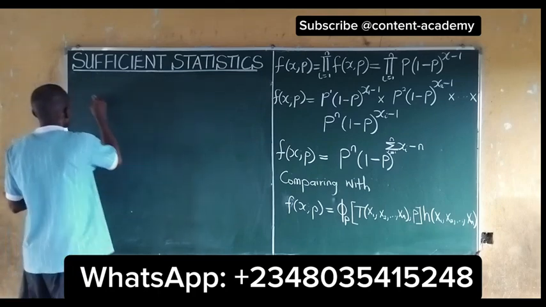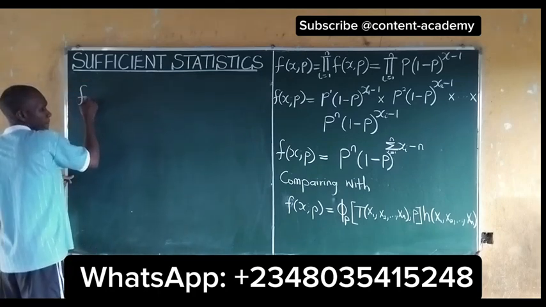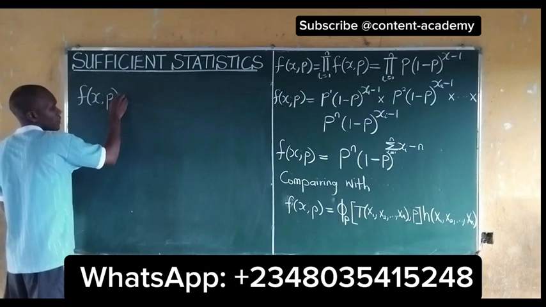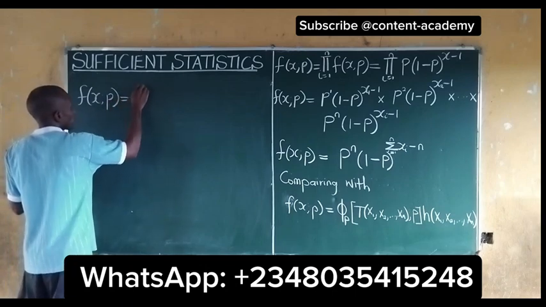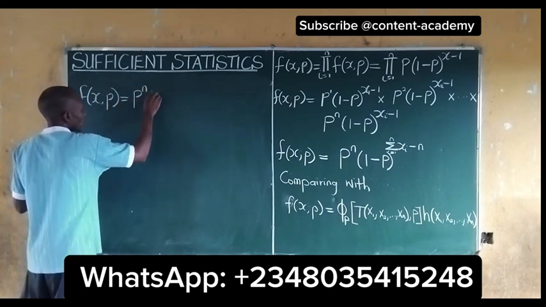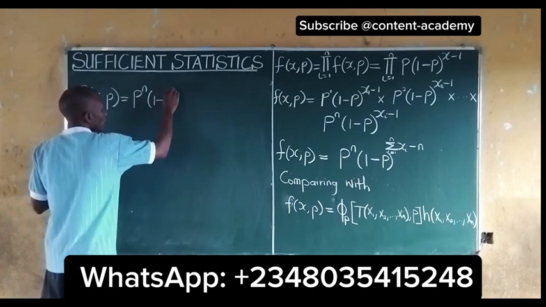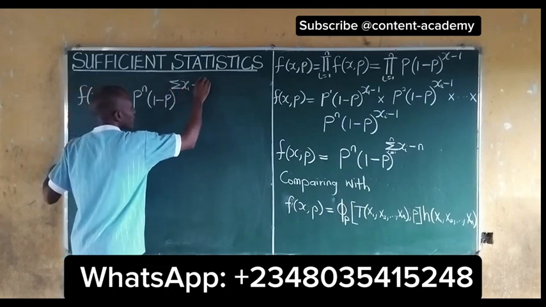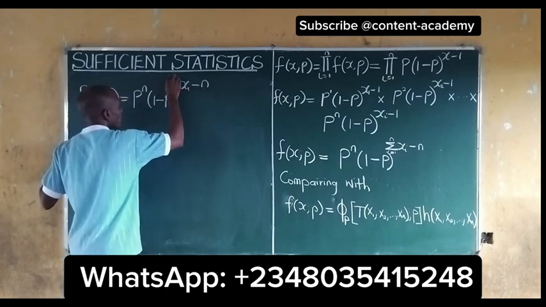So we have our function f of x given p equal to p raised to the power of n, (1 minus p) raised to the power of summation of xi minus n, as i running from 1 to n.